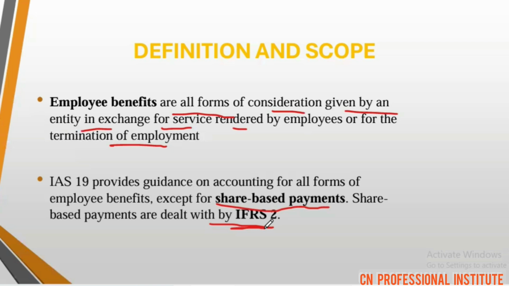Sometimes the employee can receive shares or share options from the entity when the employee renders service to the entity. Such shares or such options are covered by share-based payment.